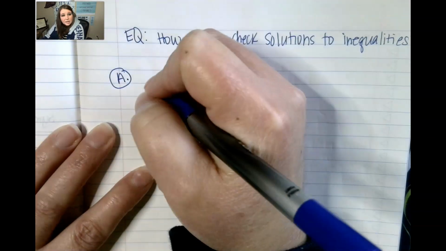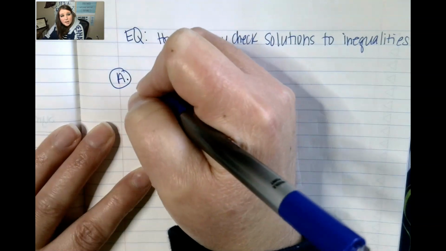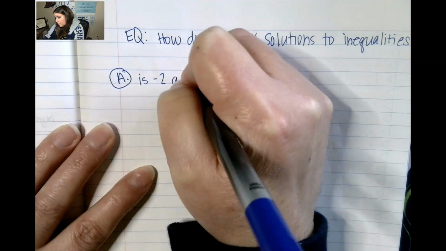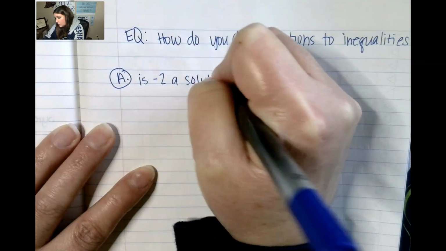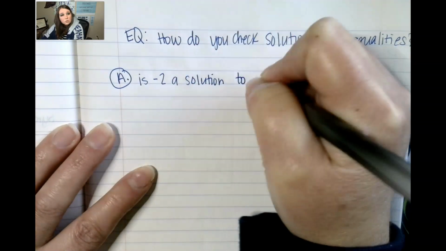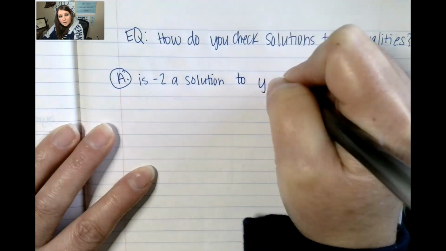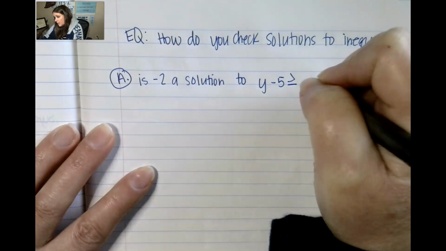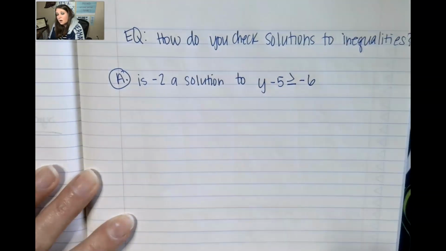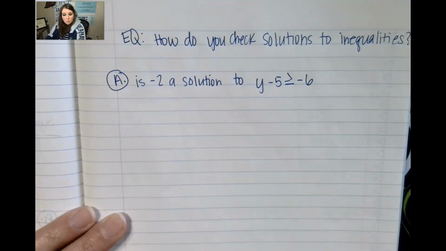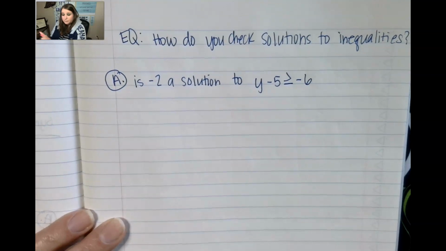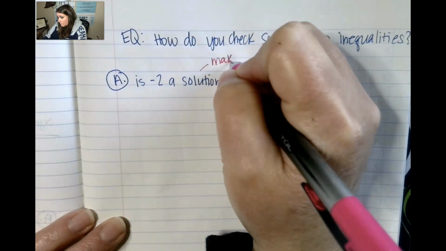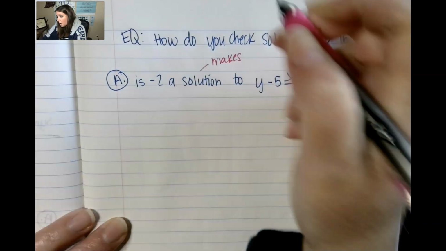Example A says, tell whether negative 2 is a solution to y minus 5 is greater than or equal to negative 6. Okay, so solution, remember, it means it makes it true. So we're looking for what makes the inequality true.